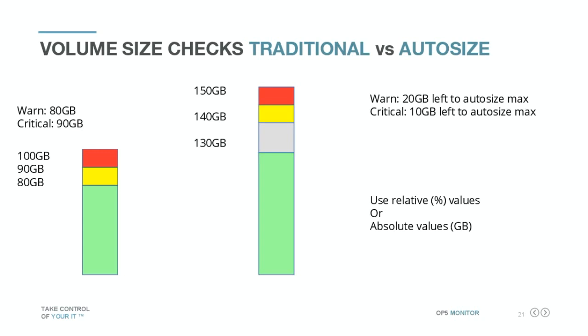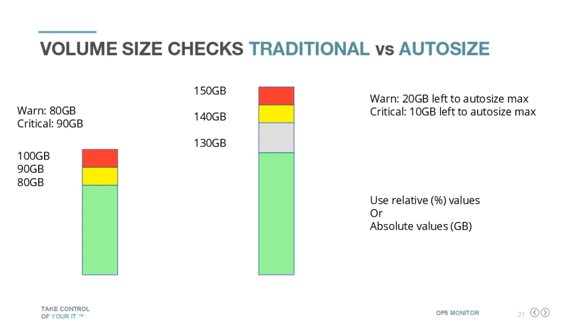But if you have an auto size defined, so you have a similar 100 gigs volume but it can grow until 150 gigs, this auto size check can only send you information when it has no room to grow. It depends on the settings you have set.